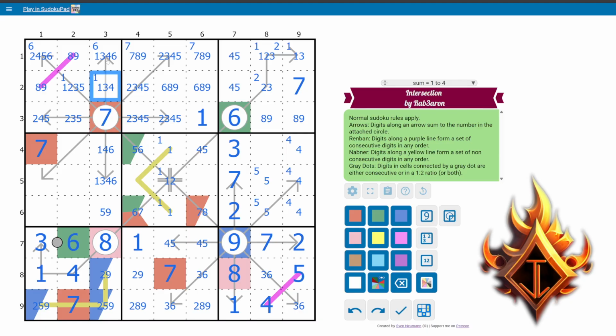This should be missing 1. This should be missing something. 4.